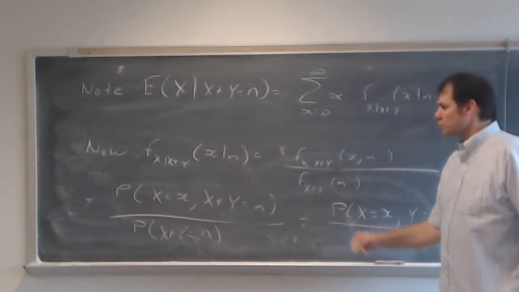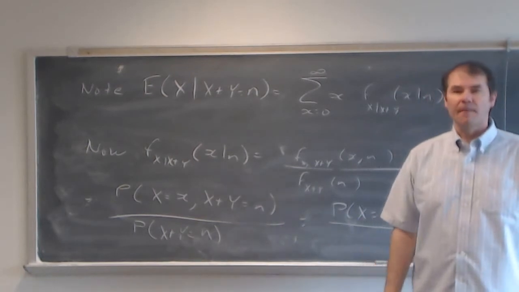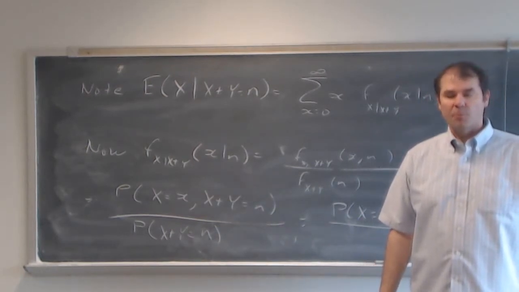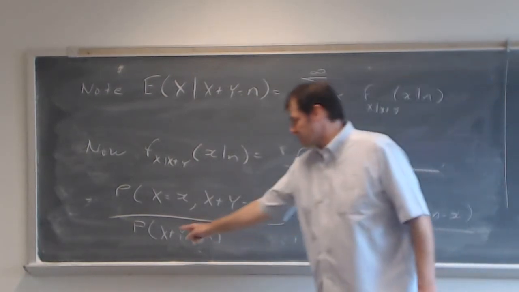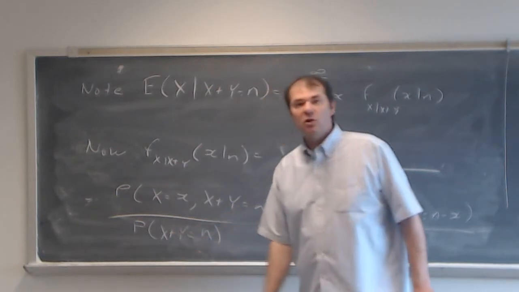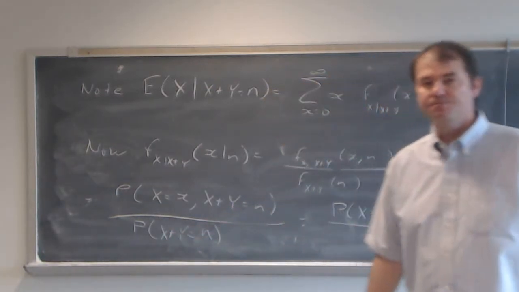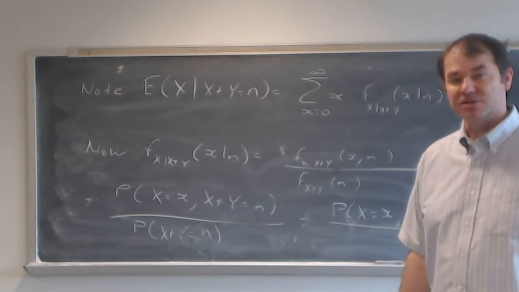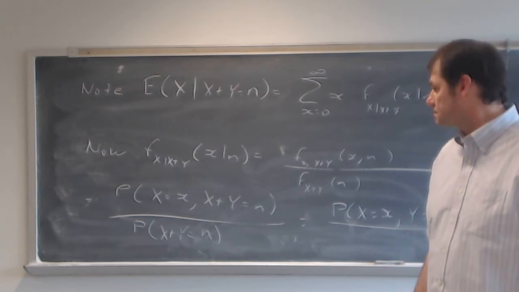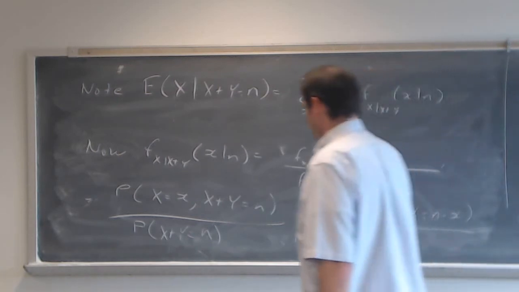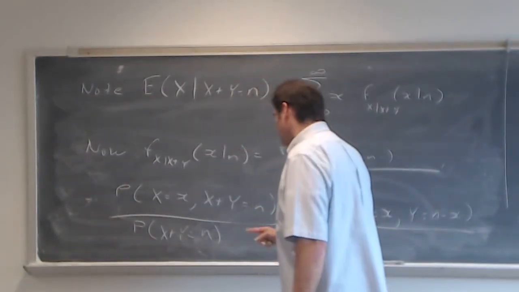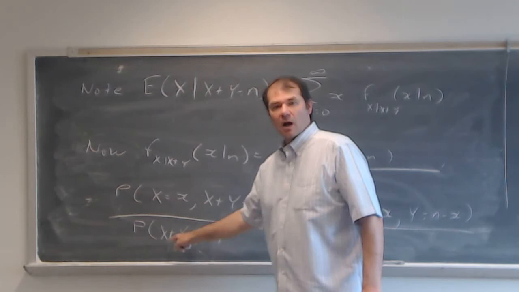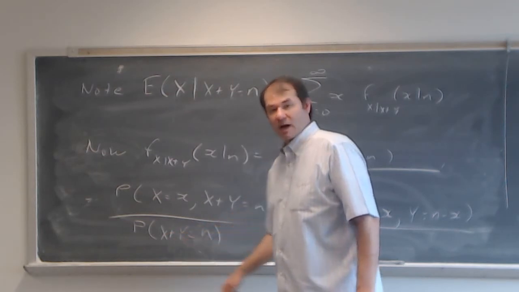Now, we have worked with independent Poisson random variables before with parameters lambda 1 and lambda 2. If you look at the probability mass function of that, where these random variables are independent, we already said that X plus Y would be a Poisson random variable.